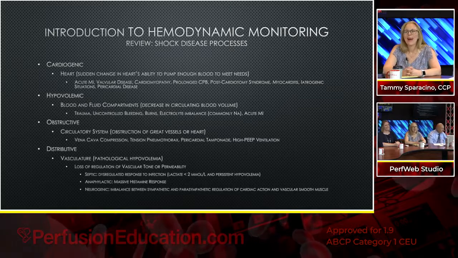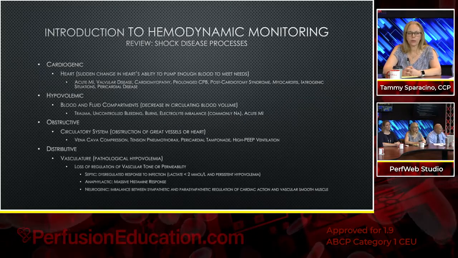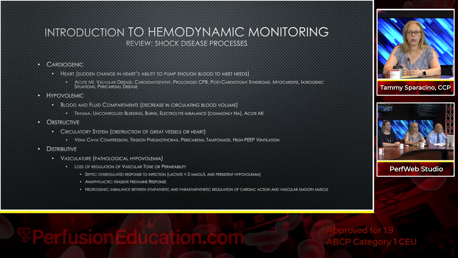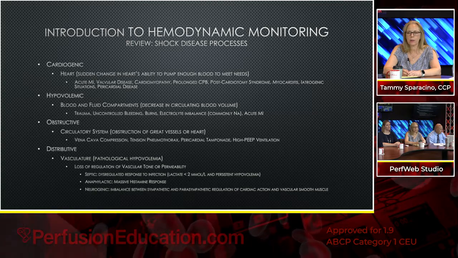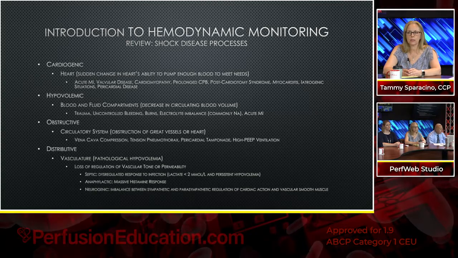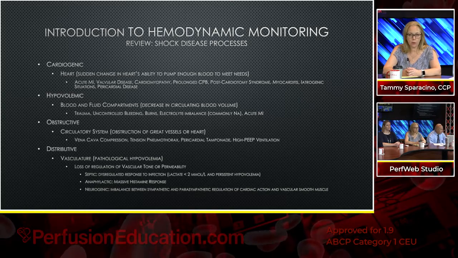Okay. Let's talk about, in order to really understand how these devices are helping you know how to medically manage these patients, I thought it'd be really important to do a little review on shock disease processes. So shock can be broken down into 4 different types.